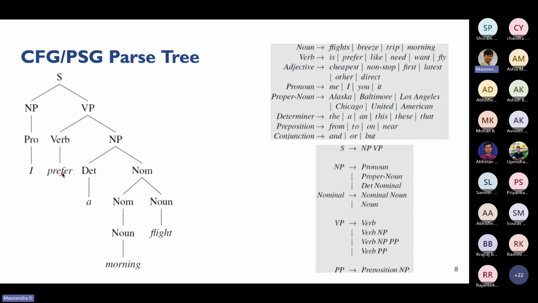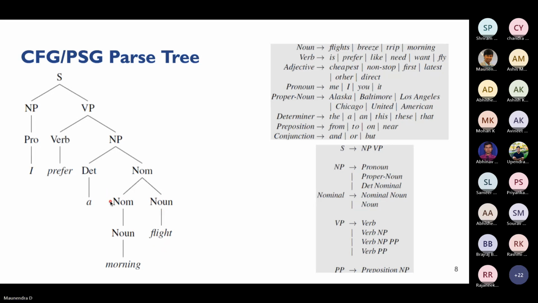Similarly, verb can give rise to prefer, which we see here, and NP to determiner followed by nominal. Nominal further expands into nominal followed by noun, like it is happening here, and nominal to noun, and this entire thing can be constructed.